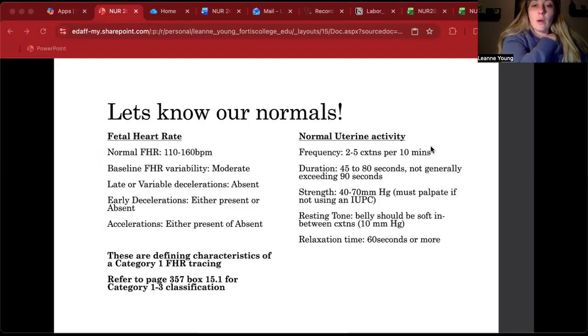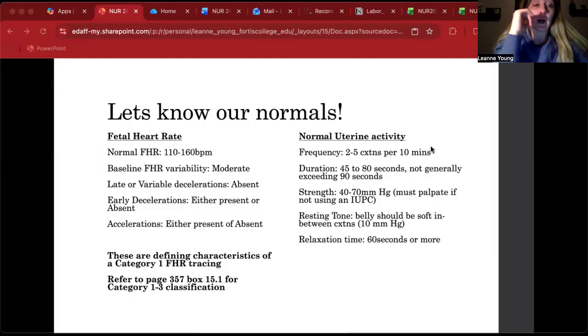So let's know our normals. Okay, now we're going to put it all together. So what is our normal fetal heart rate? 110 to 160. What do we want our baseline variability to be? We want it to be moderate. Moderate variability is the best. Do we want to see any late or variable decelerations?